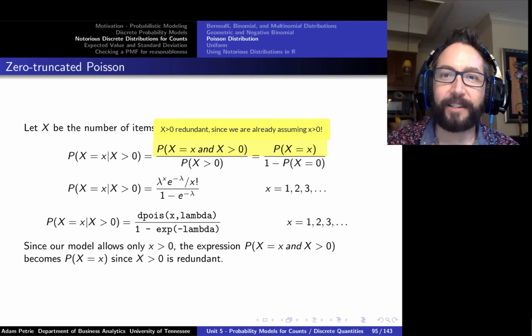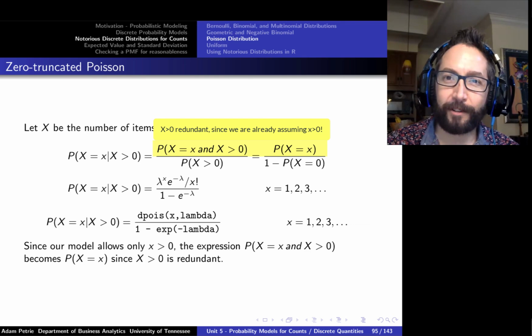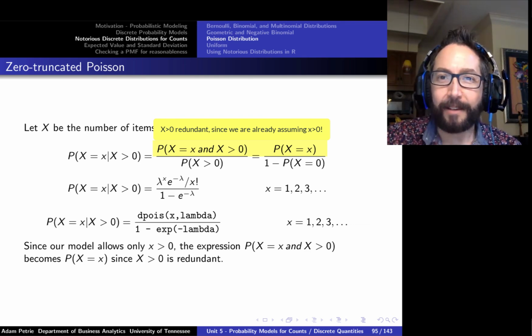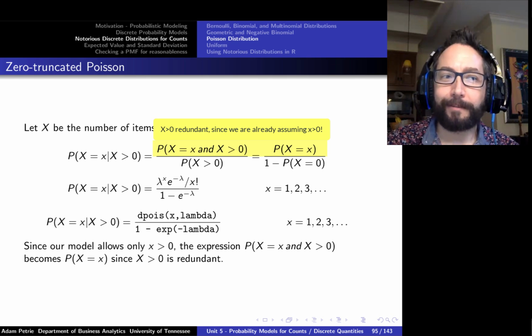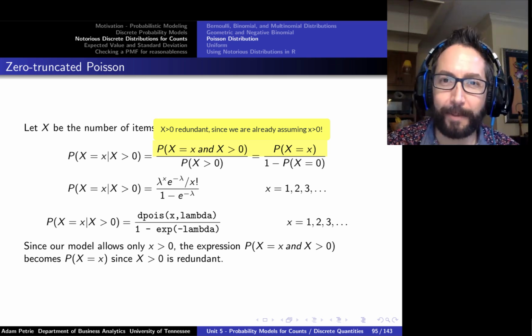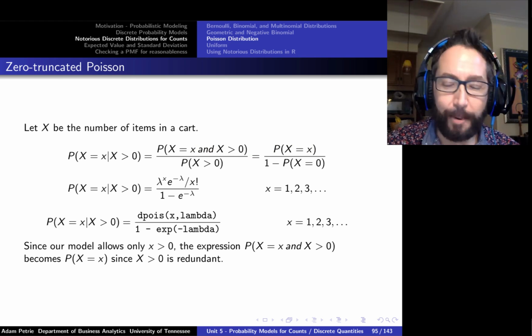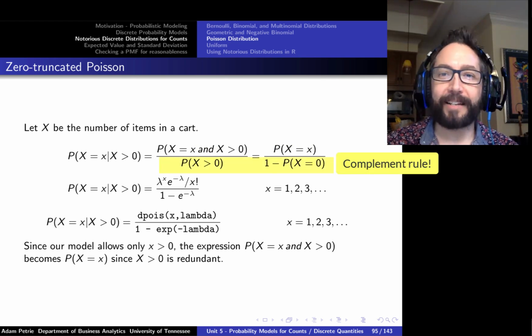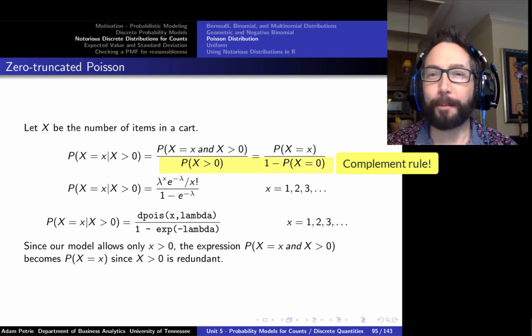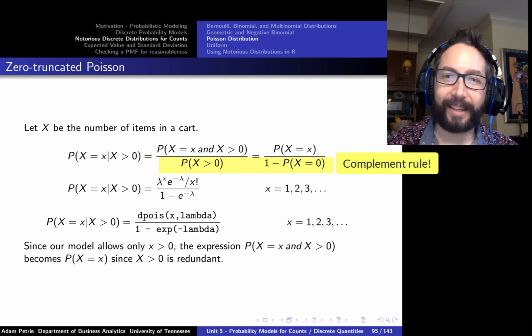We're already placing the condition that little x is bigger than 0, so asking what's the probability that big X is equal to little x and big X is bigger than 0, that's redundant. We already know that big X is bigger than 0, so that numerator just becomes the probability that big X equals little x with that Poisson distribution. And for the probability in the denominator, the probability that x is bigger than 0, it's easier to do the complement, 1 minus the probability that x is equal to 0 here.